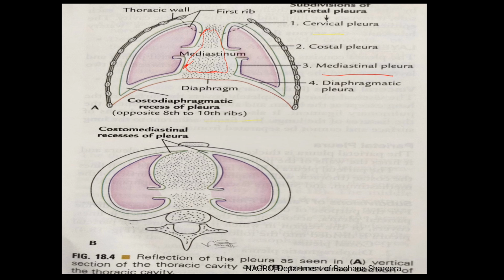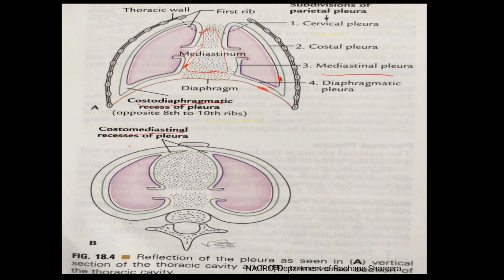Then we can see there is a recess that we will discuss further. There are two recesses, costodiaphragmatic recess and costomediastinal recess. The costodiaphragmatic recess we can see in the vertical section. There is a costal surface and a diaphragmatic surface.